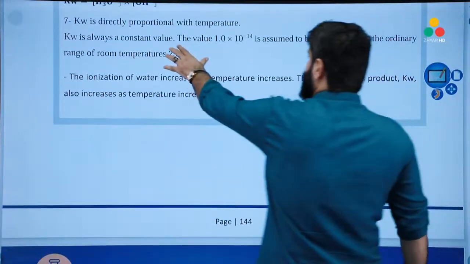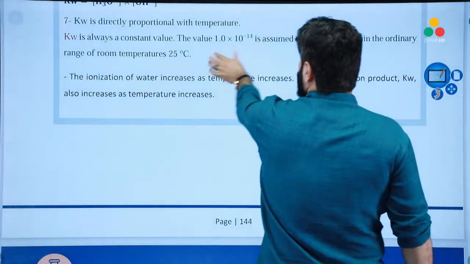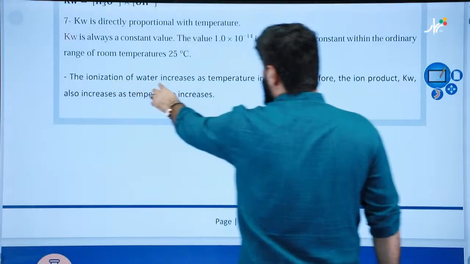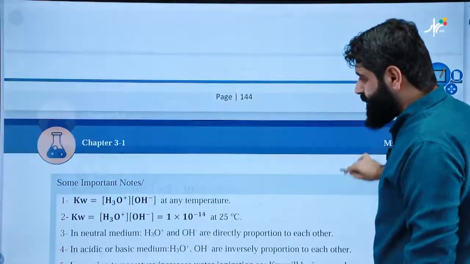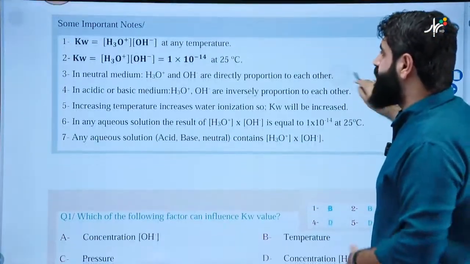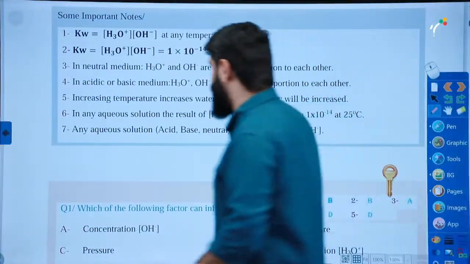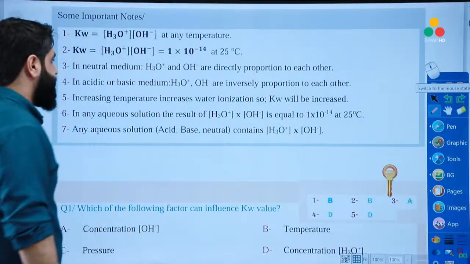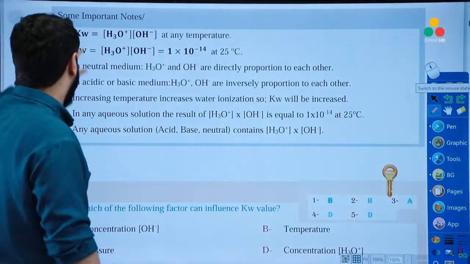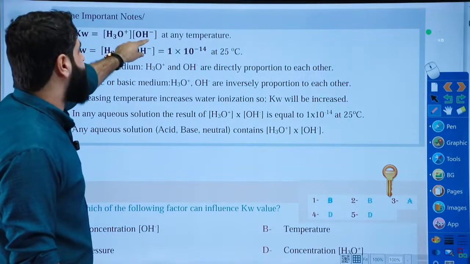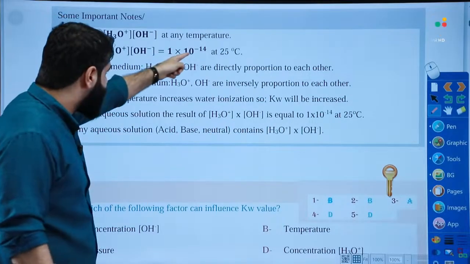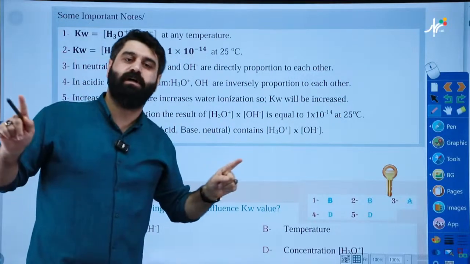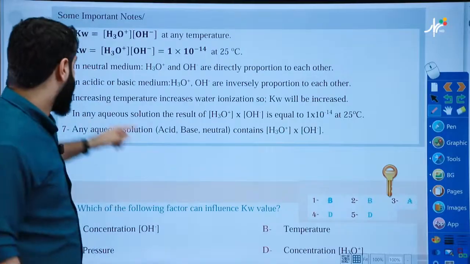Kw is always constant at a given temperature. This value stands for 25 Celsius degree. The ionization of water increases as the temperature increases. So let's have some important notes. Kw equals H3O times OH. This is true for any temperature, but with this value, it stands for 25 Celsius degree.